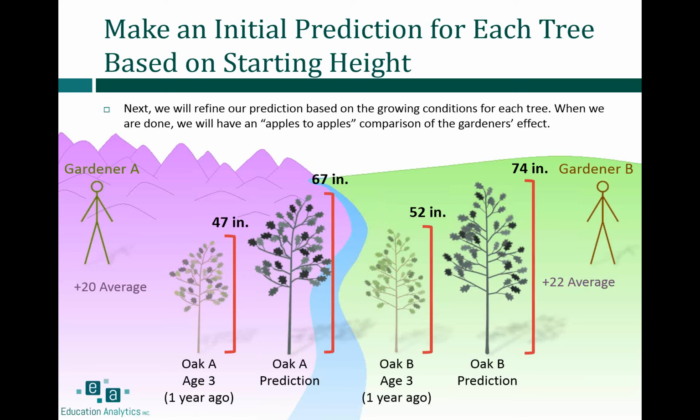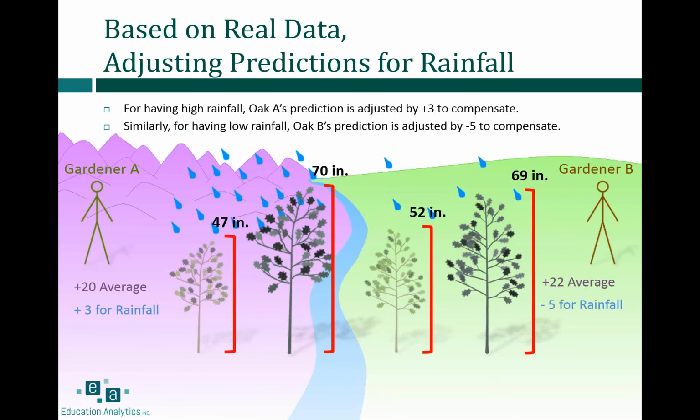Now we're going to start refining this prediction based on those environmental characteristics that we looked at earlier. For example, for rainfall, based on real data, we would adjust our prediction for these oak trees based on the different experience they had for rainfall during this past year. Oak tree A, if you remember, had high rainfall. Therefore, we're going to use the adjustment for trees that had high rainfall, and that's +3 inches.